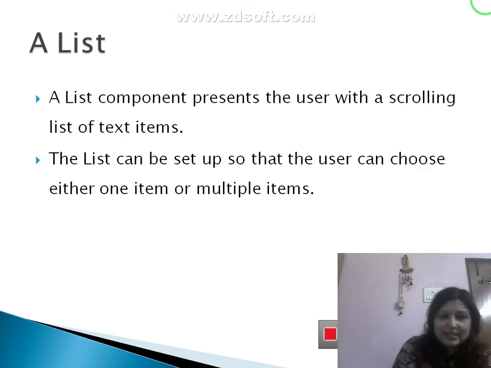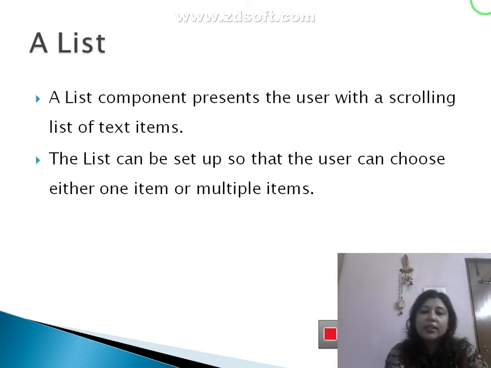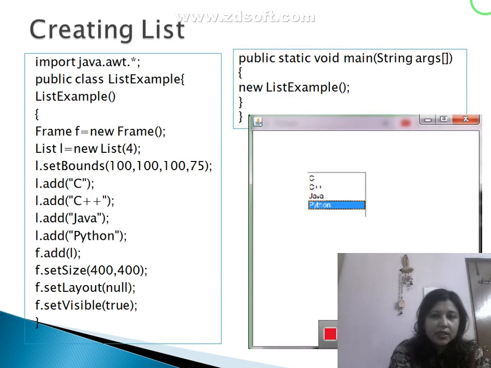Now list. A list is a component which presents the user with a scrolling list of text items. The list can be set up so that the user can choose either one item or multiple items. Here also we have created one object of list, List l = new List. We have mentioned four items: C, C++, Java, Python.